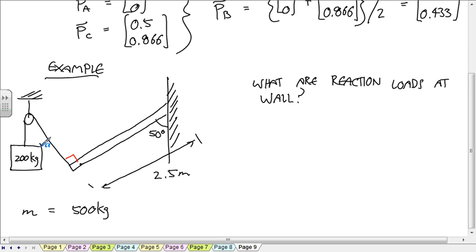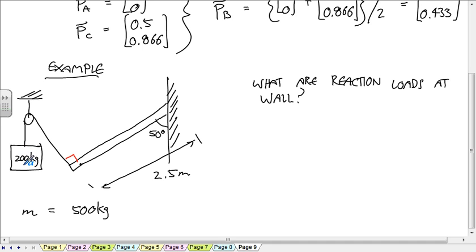So we know we need to figure out the tension of the cable. I'm going to start by isolating the 200 kilogram mass and just calculate the tension. One thing that I don't like about doing these kinds of problems in statics is you can get a little bit lazy with this kind of stuff, and you can get bad habits, I think. Because in statics, you can just look at this.